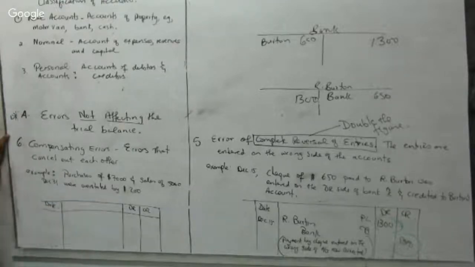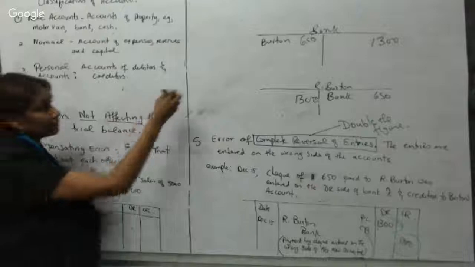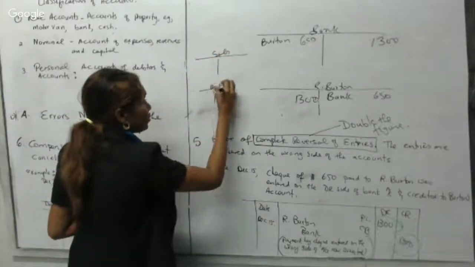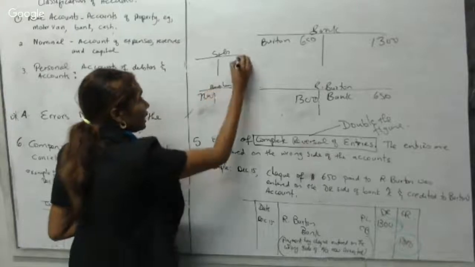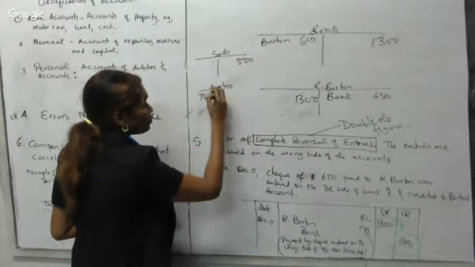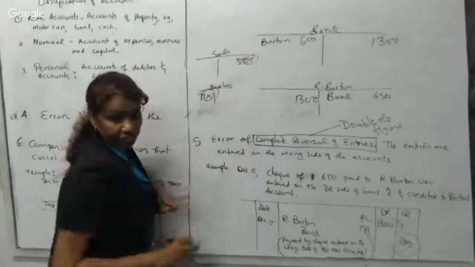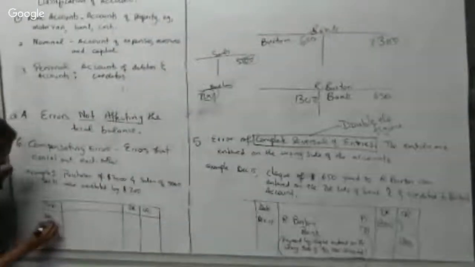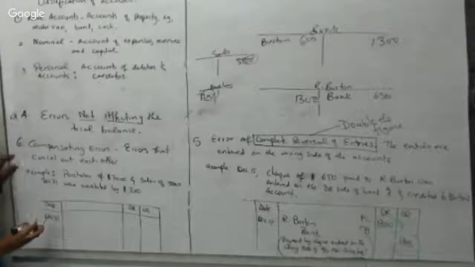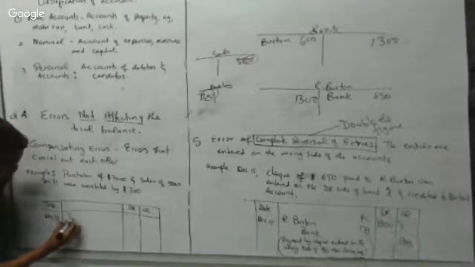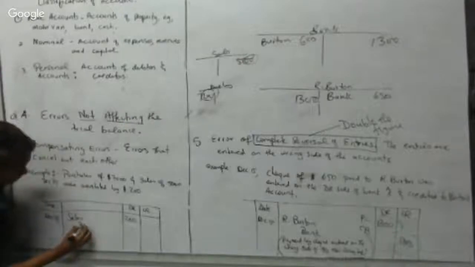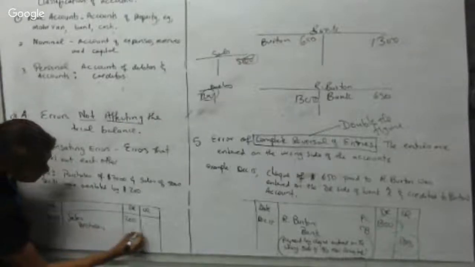Just the 200, because both accounts would have already had 7,200 and 5,200. So we just need to remove the 200. So December 31st would have sales being debited with 200 and purchases being credited with 200.